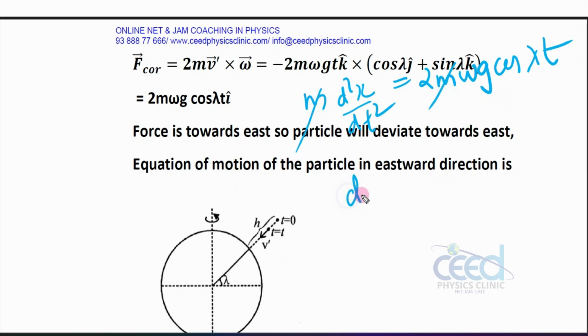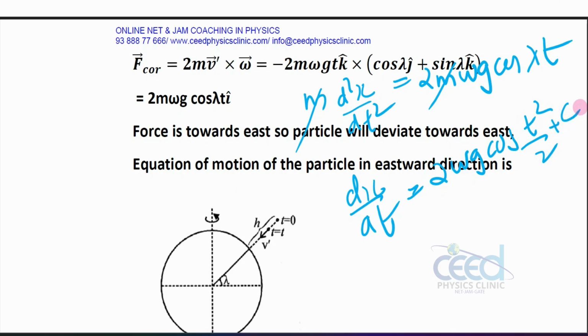Integrate here. dx by dt is equal to 2 omega g cos lambda t square by 2 plus c. But at t is equal to 0, body not started. That means there is no eastward deviation. That means x is 0. That means c is 0.